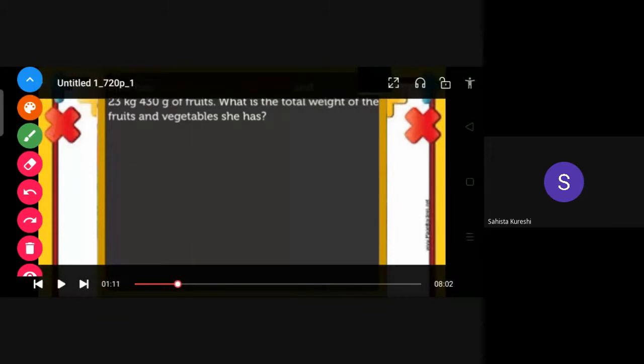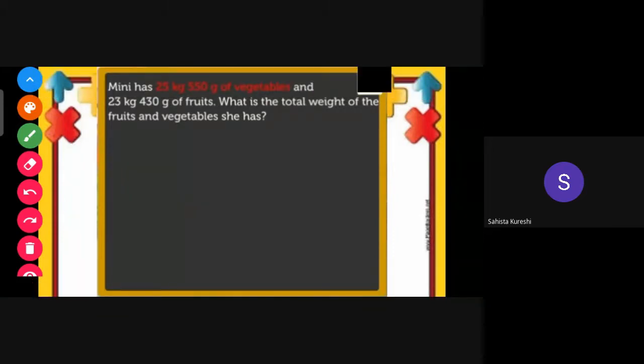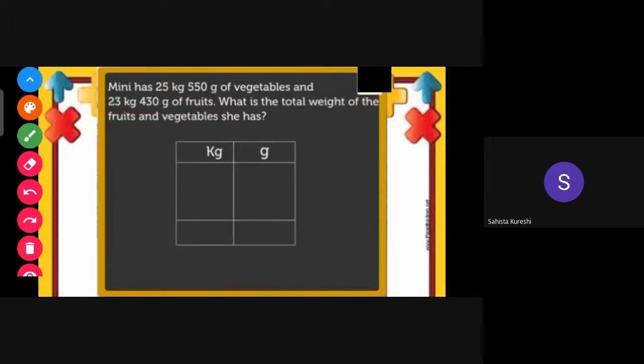So here you can see they are highlighting that the weight of both the things is given separately, and we have to find the total weight. So wherever we have to find the total of something, we use addition, right? In different situations we use different operations, whether addition or subtraction. So here we will use addition.